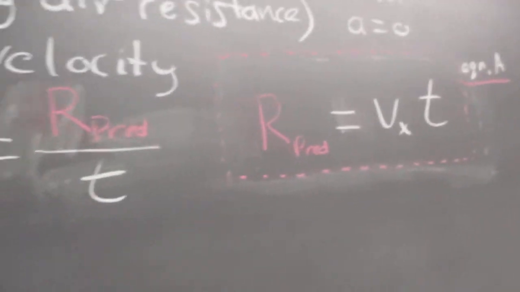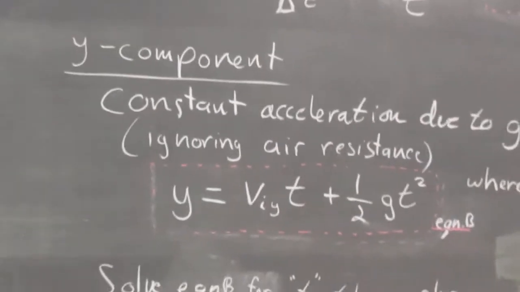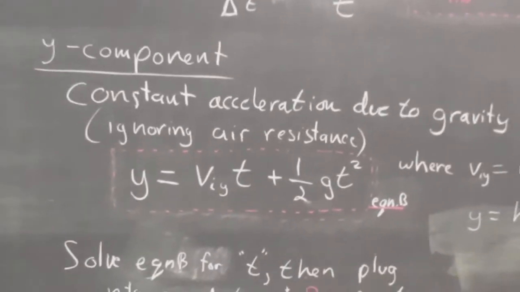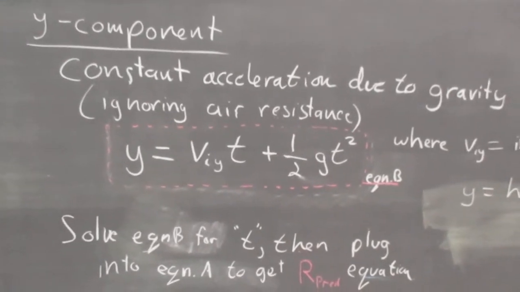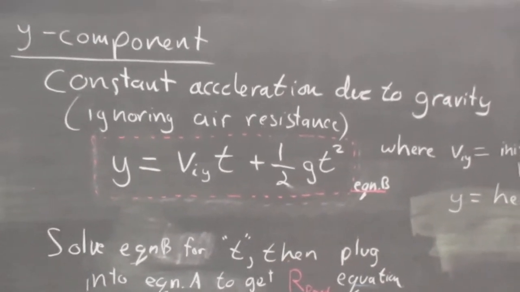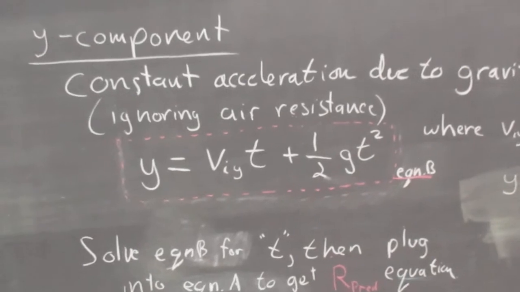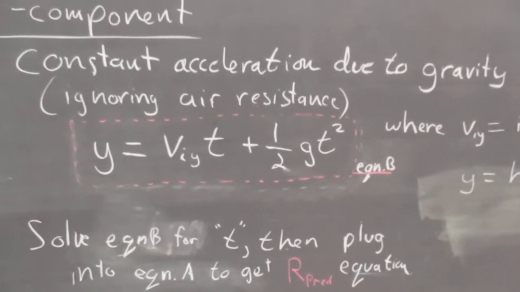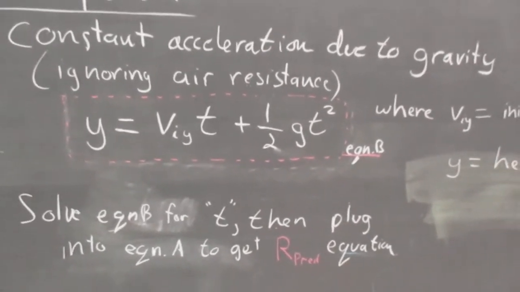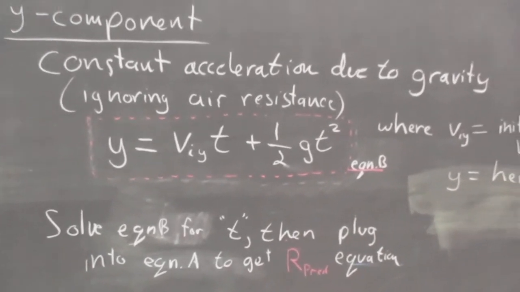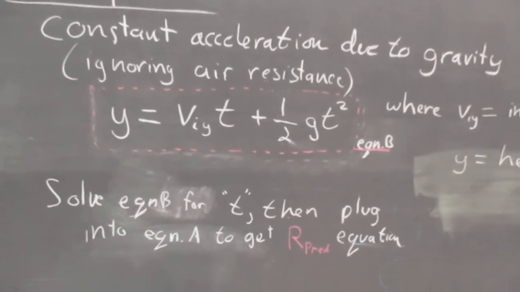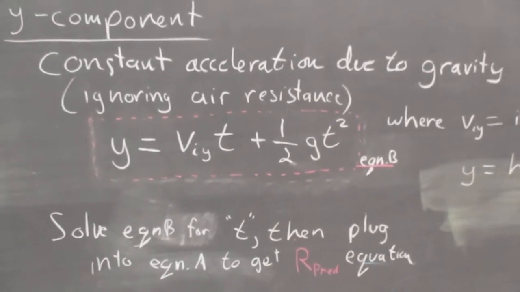So now we look at our y component, our vertical component. We know in the y direction gravity is acting, and it's a constant force, therefore it's a constant acceleration, ignoring the force of air resistance. Okay, so that means our kinematic equations apply, that is, our uniform acceleration equations apply.